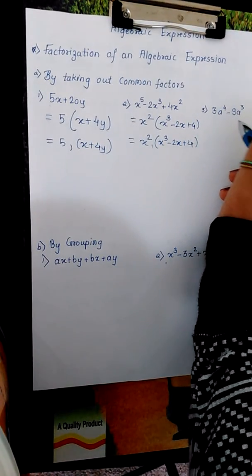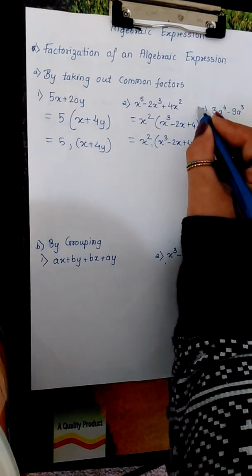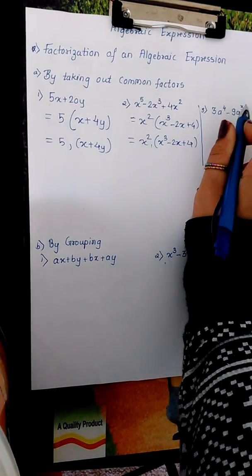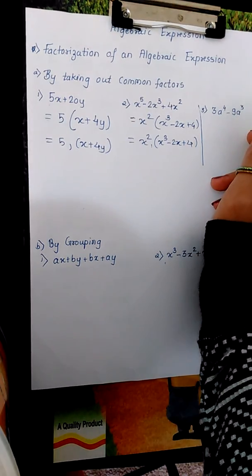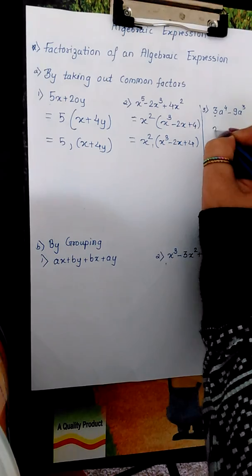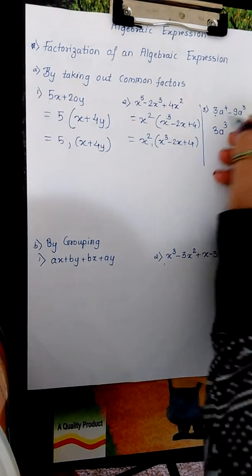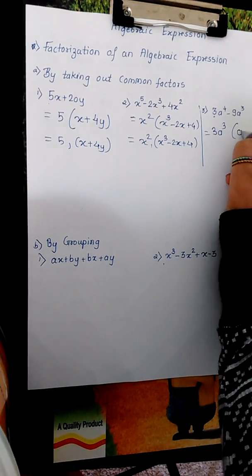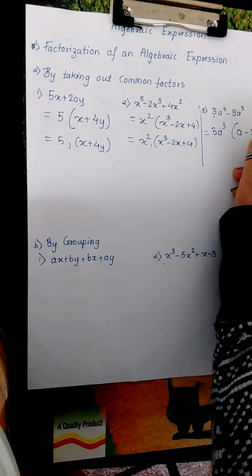Now the next example is 3a raised to 4 minus 9a cube. Here we have 3a cube as a common factor, and the quotient will be a minus 3.